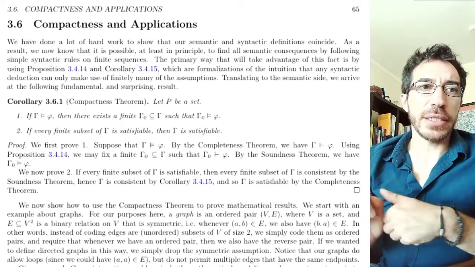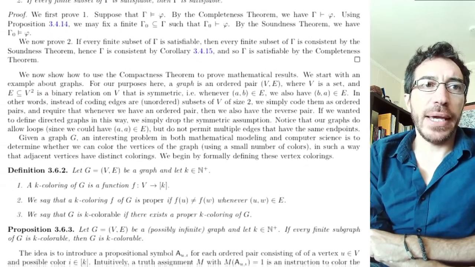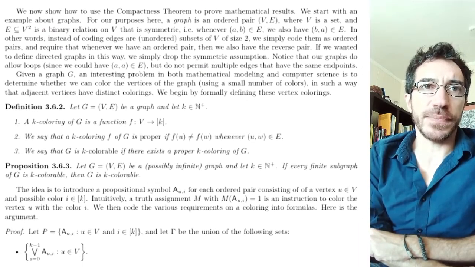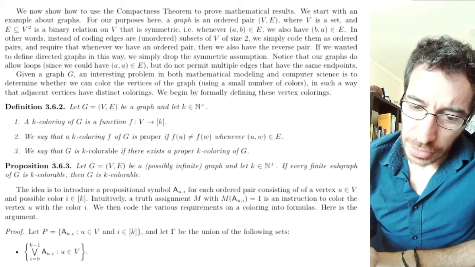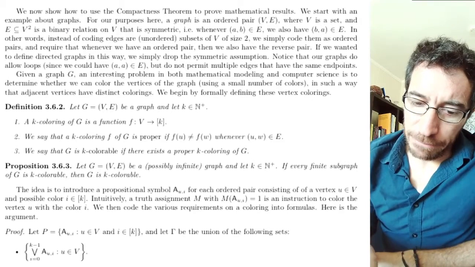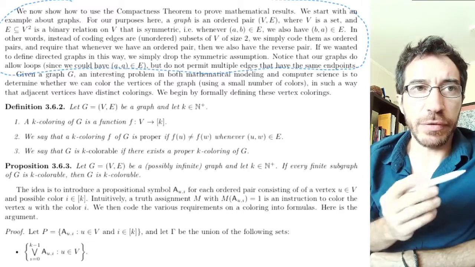And here is an application that we want to see. It's about coloring graphs. So how do you start? You start reading. You should read this in your notes. This is the definition of graphs, which we saw in a previous video.